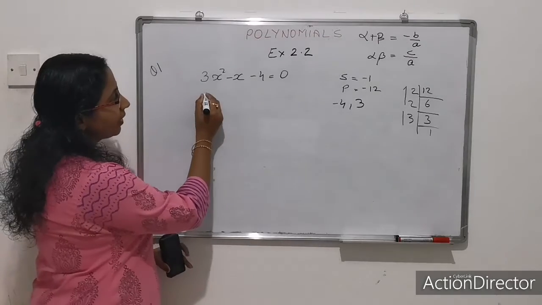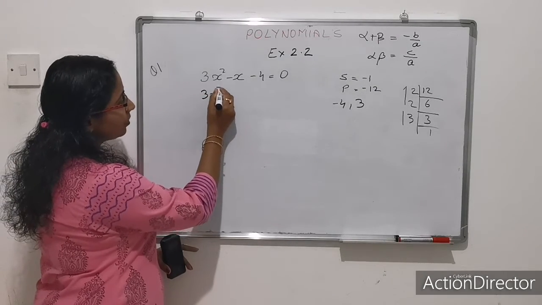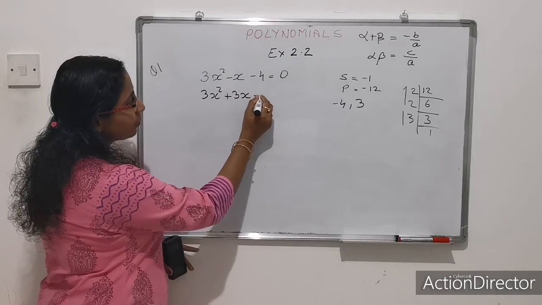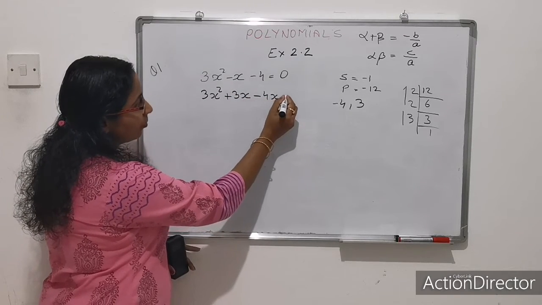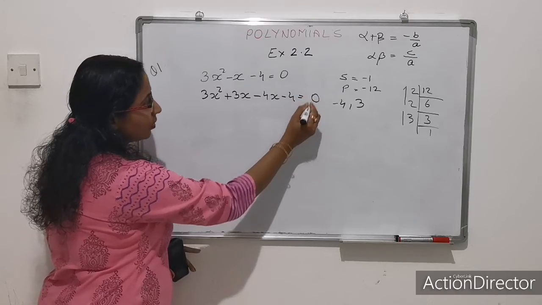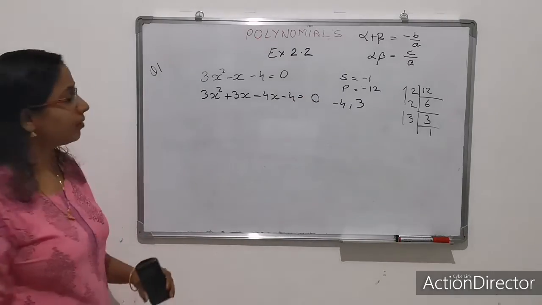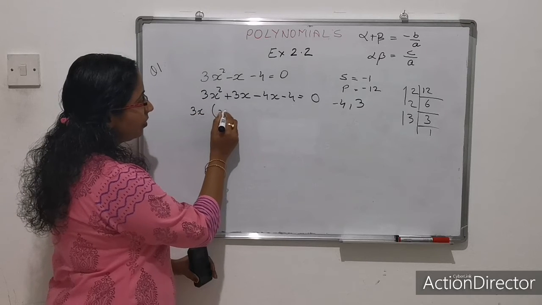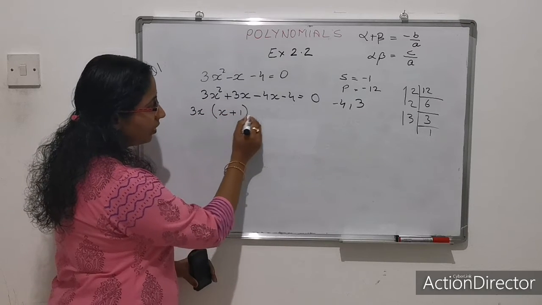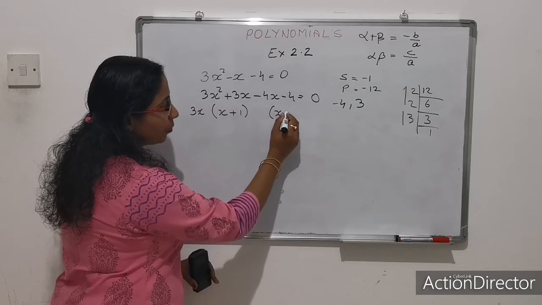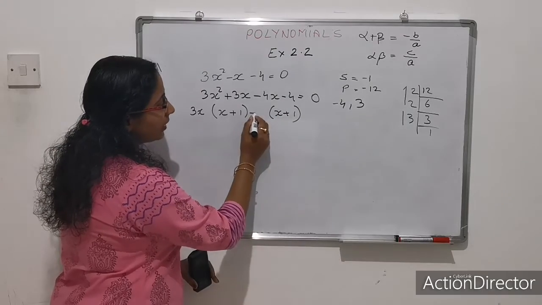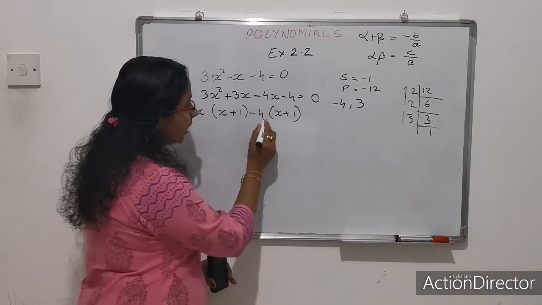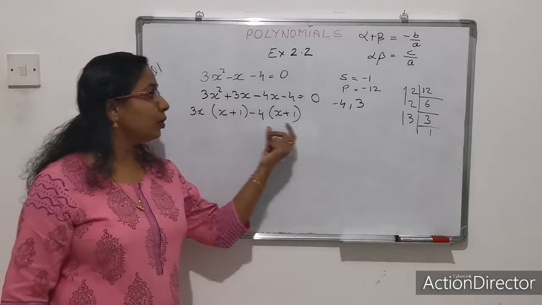Right. So this becomes 3x square plus 3x minus 4x minus 4 is equal to 0. Right? So 3x you will take common. This will become x plus 1. This will become x plus 1. And this becomes minus 4. This same you have to write.